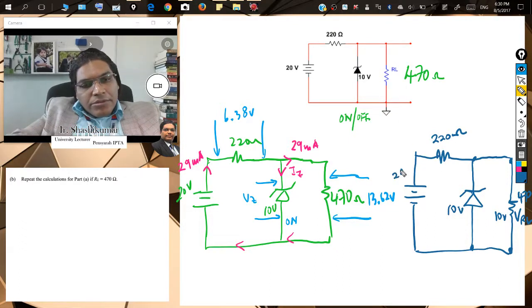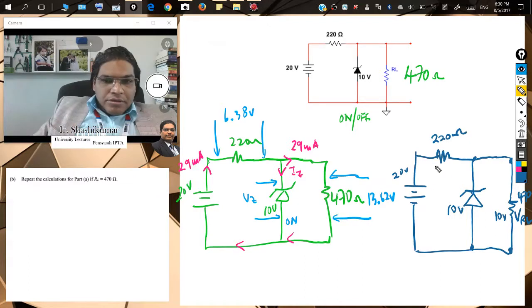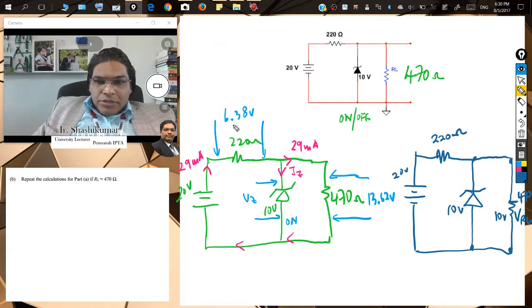The voltage across here was no more 6.38, because when this is being clamped to 10, then automatically this is also clamped to a voltage that is not 6.38.